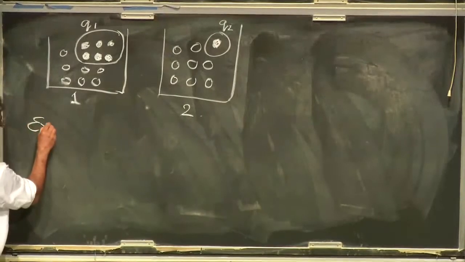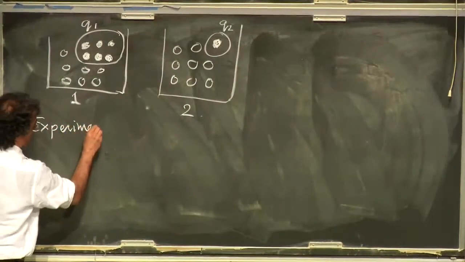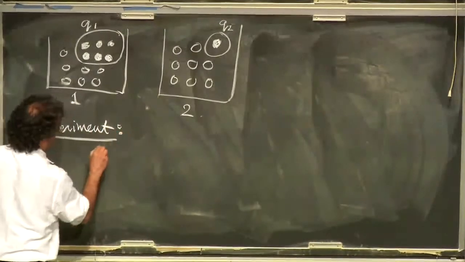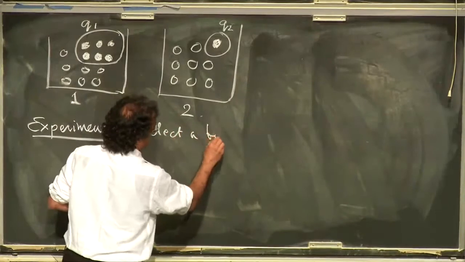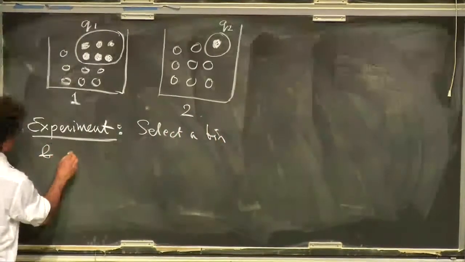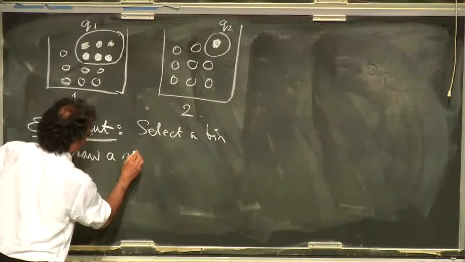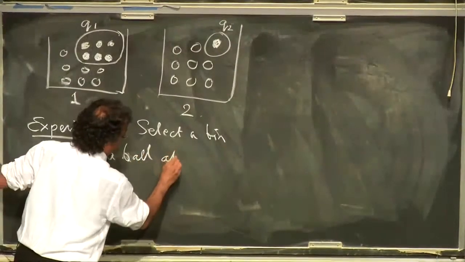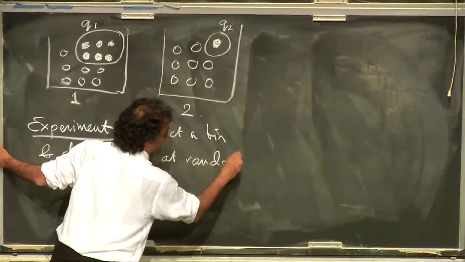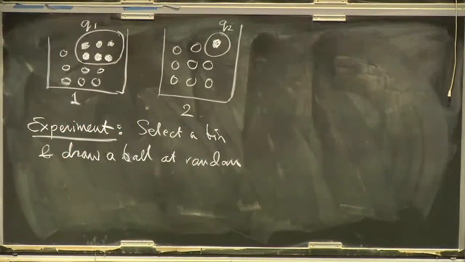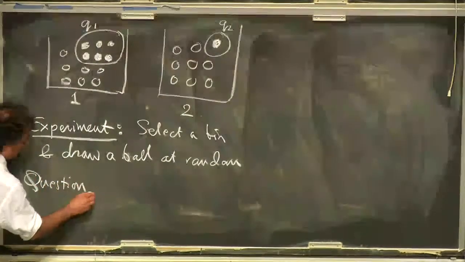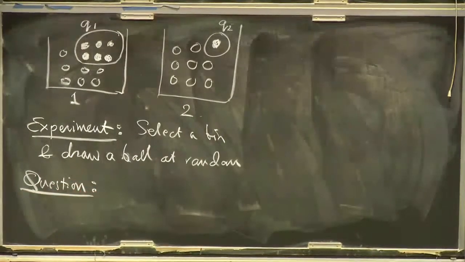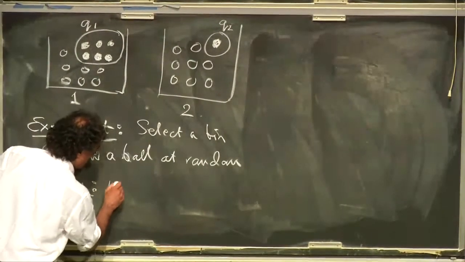The experiment is we select a bin and draw a ball at random. And we look at the outcome. Suppose that the ball happened to be white. Suppose we drew a white ball.